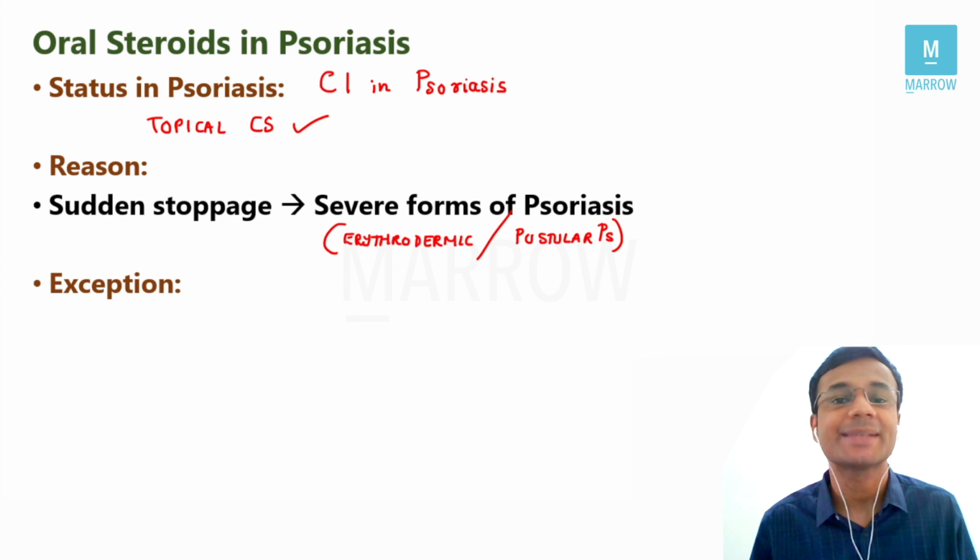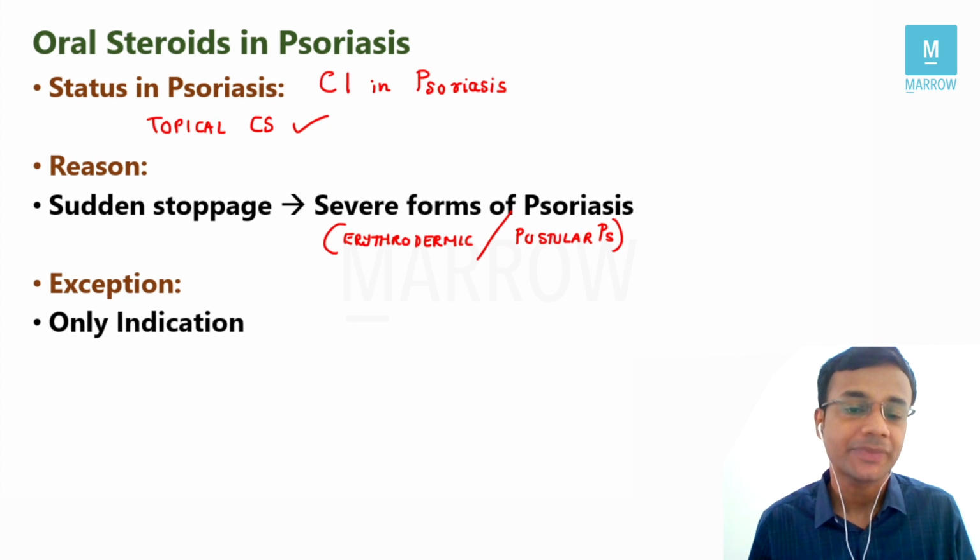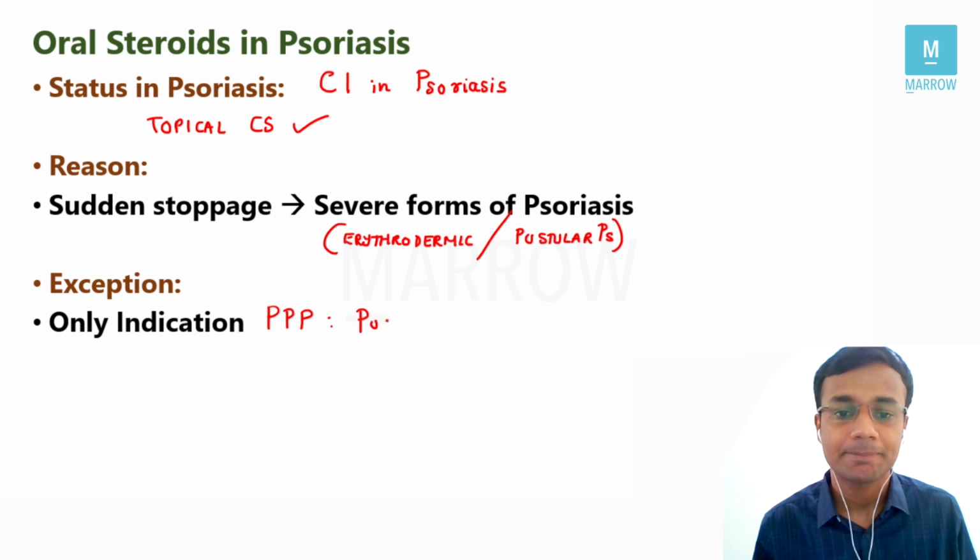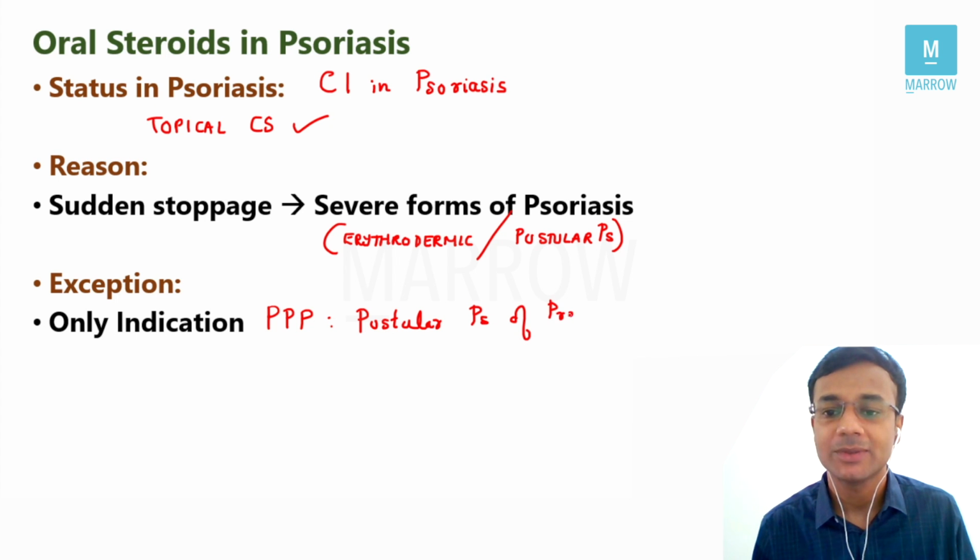So there is one exception to this rule of oral steroids. The only indication in psoriasis where oral steroids can be given is termed PPP. So what does PPP stand for? It stands for pustular psoriasis of pregnancy.